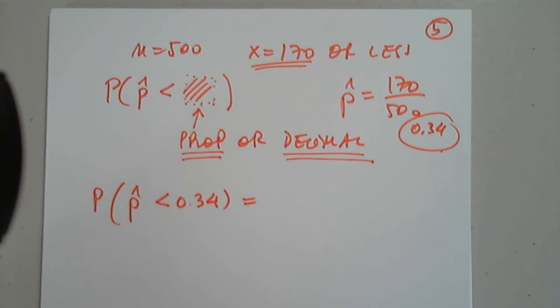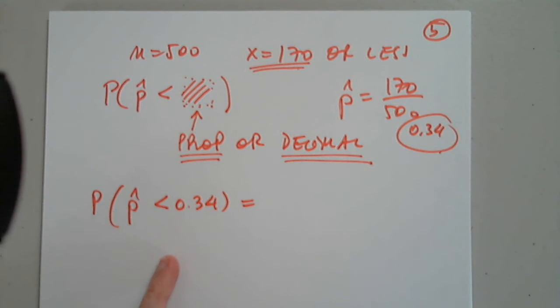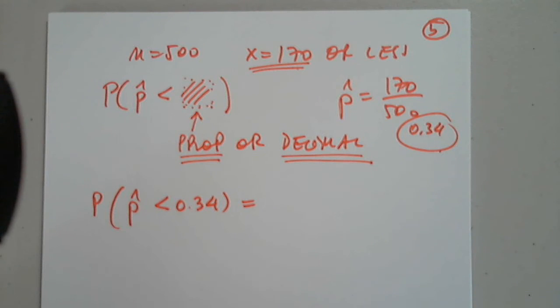I want normal CDF, not binomial. Lower, yes, I want lower to be negative infinity. I want the upper to be 0.34. And yes, I can keep the rest because I have the mean 0.36. I have the standard deviation determined before. So from negative infinity to 0.34 with a mean and standard deviation, press enter.